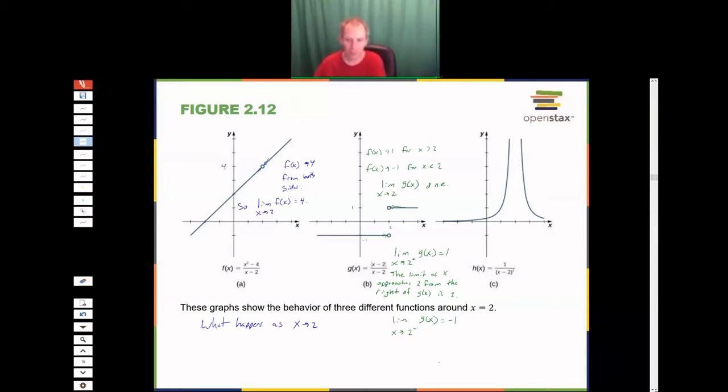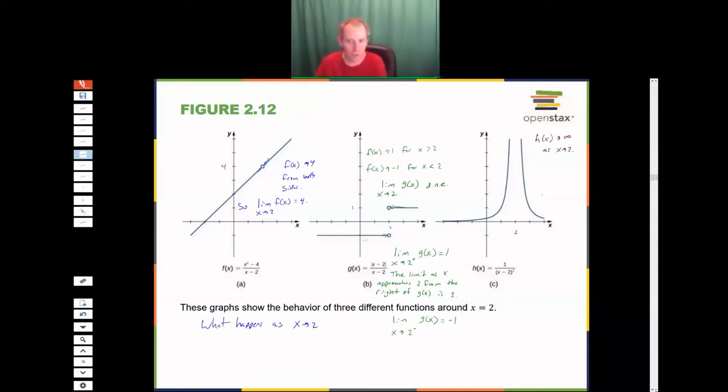Okay, if I look at this third graph, as my x values get close to 2, the y values are getting bigger and bigger. They look like they're going to infinity. So h of x is going to infinity as x gets close to 2.